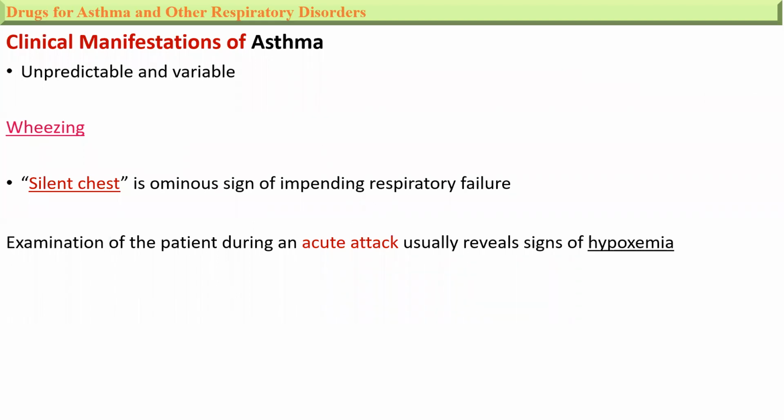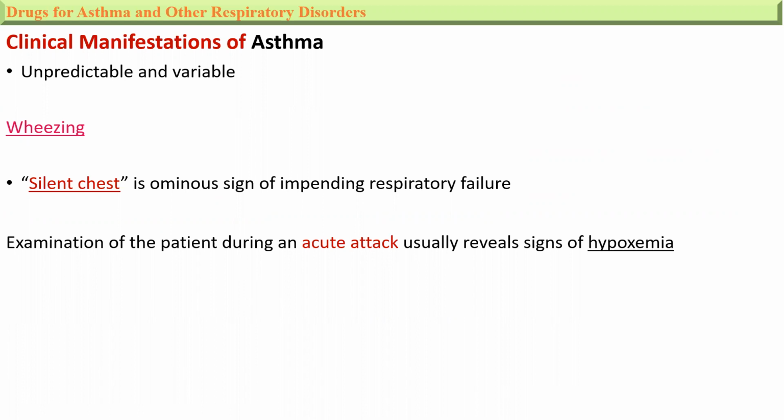Clinical manifestations of asthma are unpredictable and variable. It's very individualized when it comes to signs and symptoms of asthma. There are recurrent episodes of wheezing, breathlessness, cough, and chest tightness. Expiration may be prolonged.